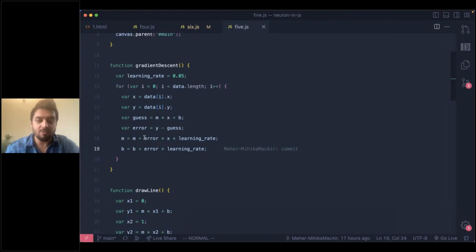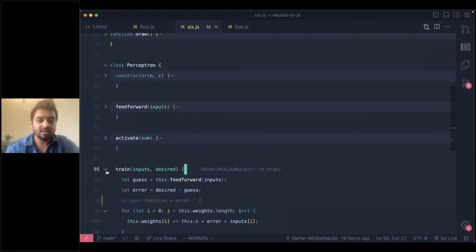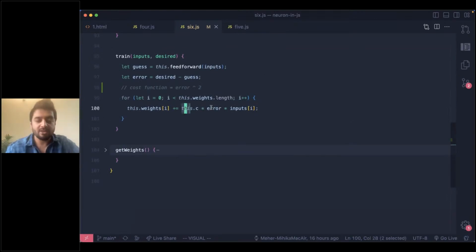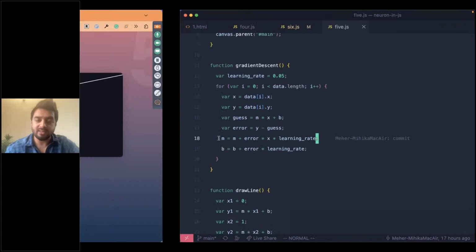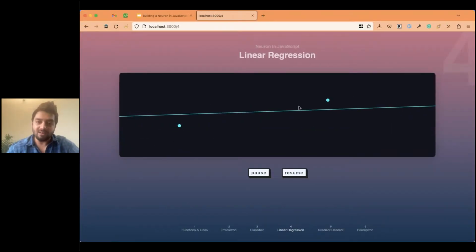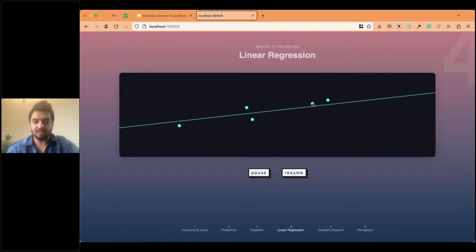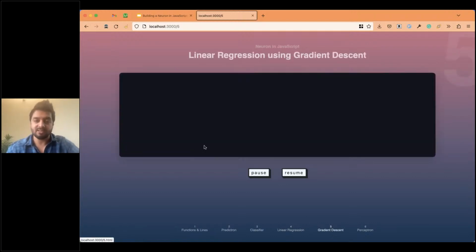We are not using sum of any errors. So in both cases of training here, we are using gradient descent, and even in the fifth, we are using gradient descent. In this one, we are squaring the errors to find the correct way to draw this regression. And in this one, we are using descent. So yeah, not to repeat myself.